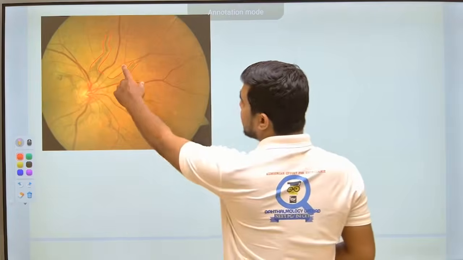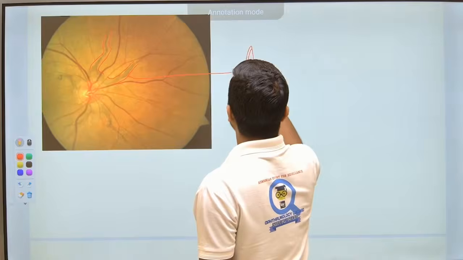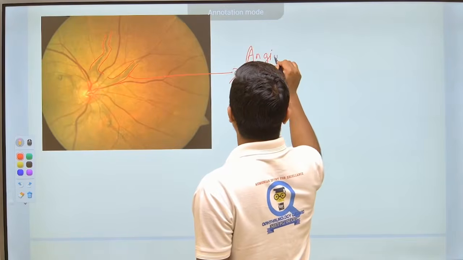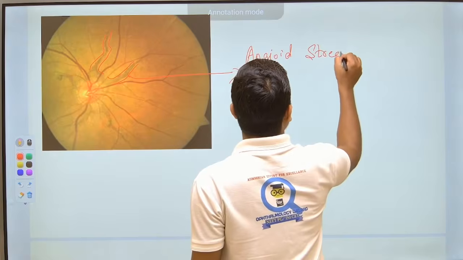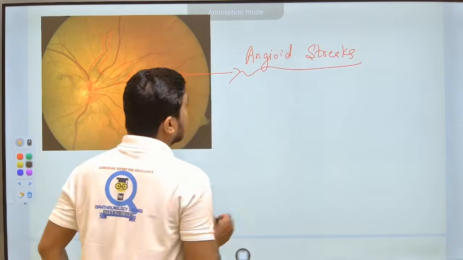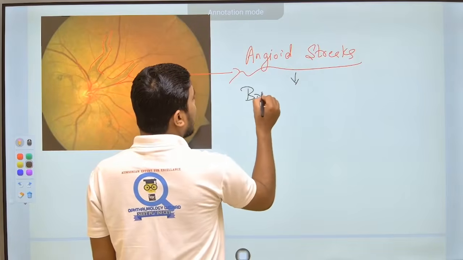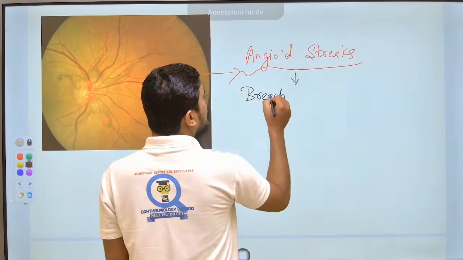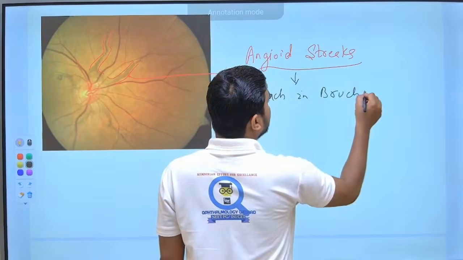So these cracks are nothing but angioid streaks, and these angioid streaks are a break or breach in Bruch's membrane.